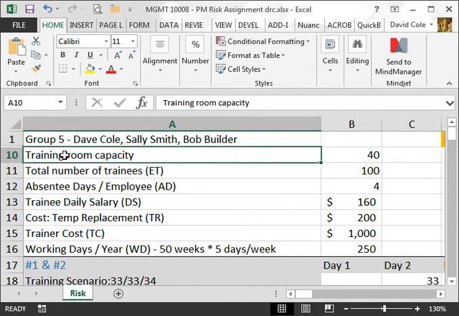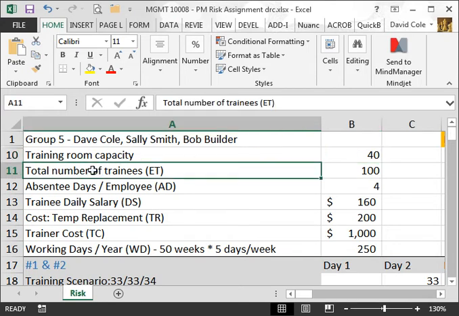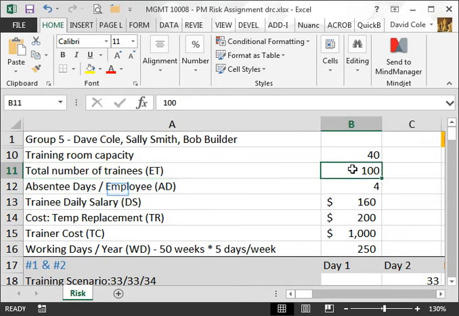We have some variables here that we're going to input to this scenario. The first one is training room capacity, and in this case, I've specified a value of 40. The second variable we're going to enter is total number of trainees expected, ET, and for this location it is 100.